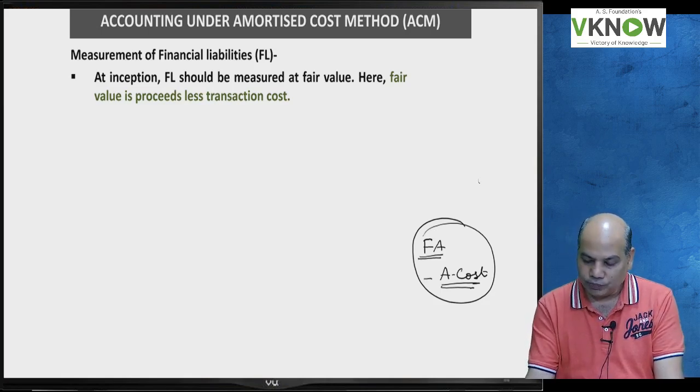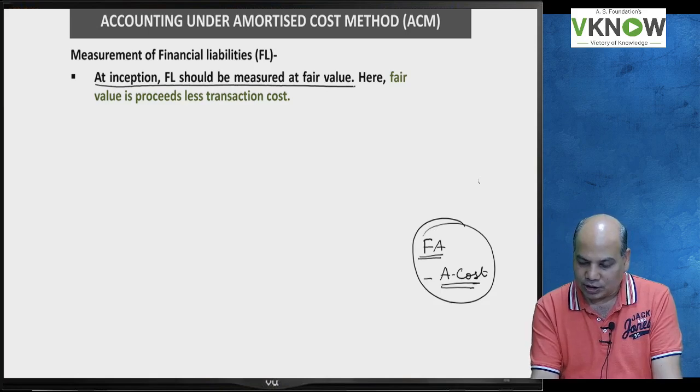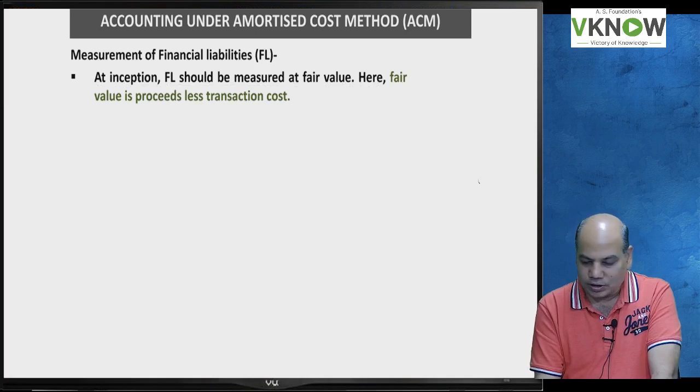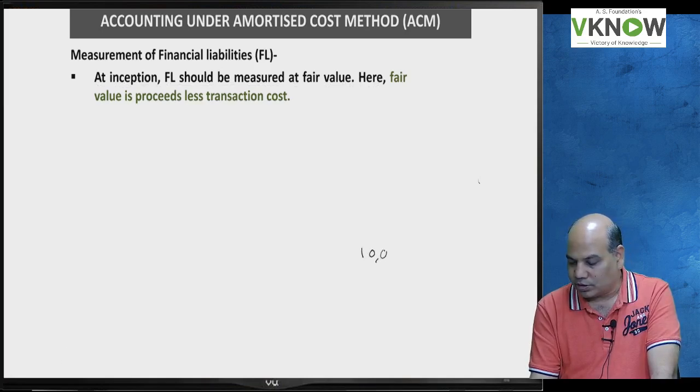And how do you compute fair value in case of financial liability? As per Ind AS 32, fair value of financial liability is proceeds minus transaction cost. Underline: proceeds minus transaction cost. Means you have issued debentures of 10 lakh, and 10,000 rupees is your issue expense.